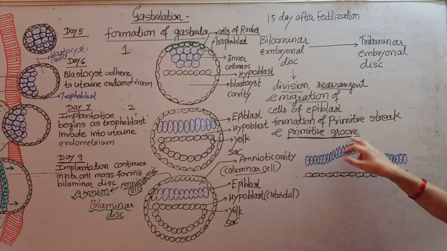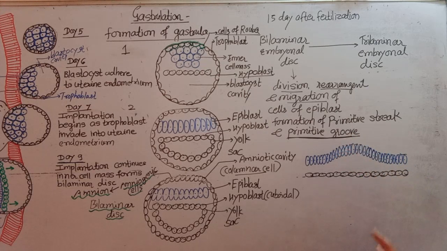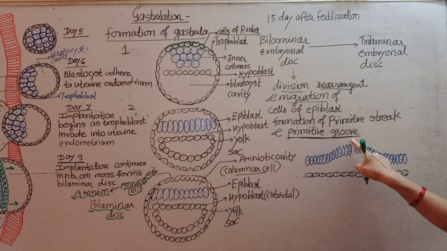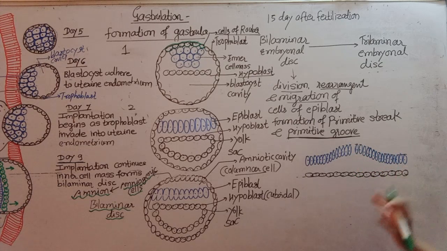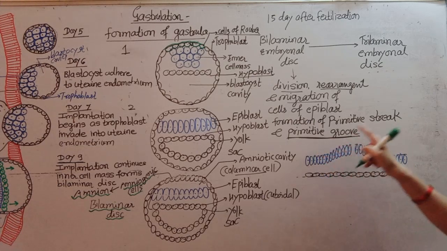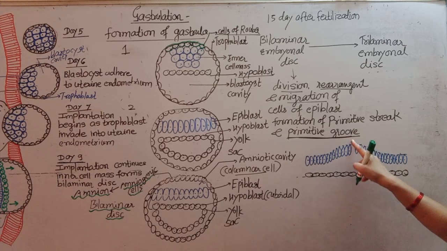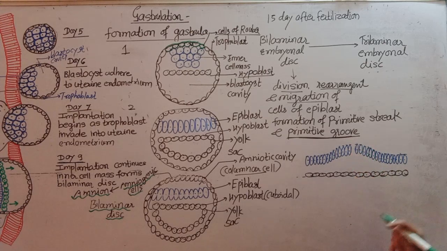So formation of primitive streak and primitive groove takes place. Primitive groove forms on the surface of embryonal disc, on the surface of epiblast. It is a shallow groove which extends from posterior to anterior, and see, this is primitive groove.